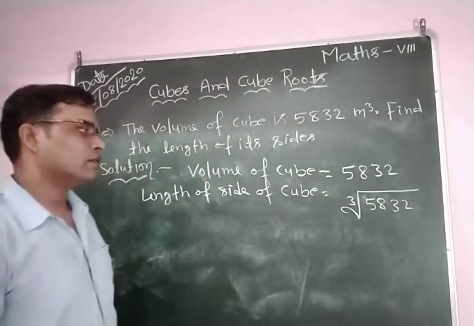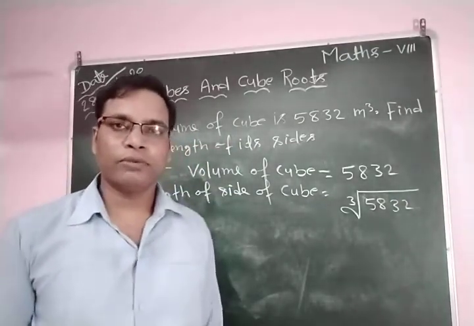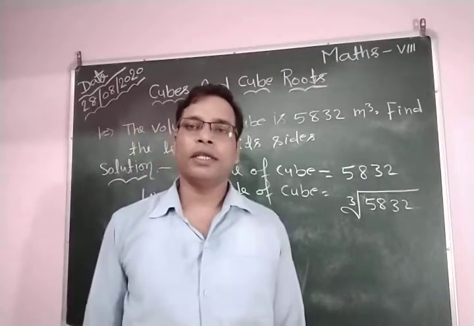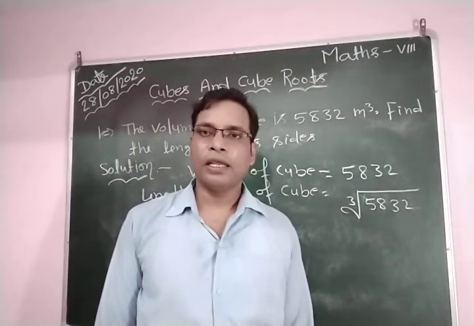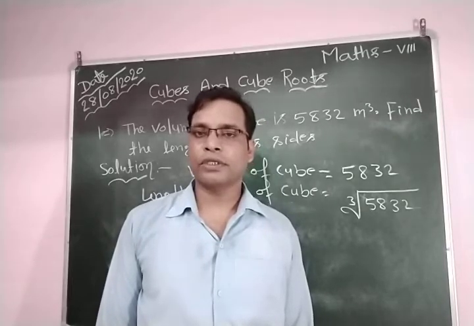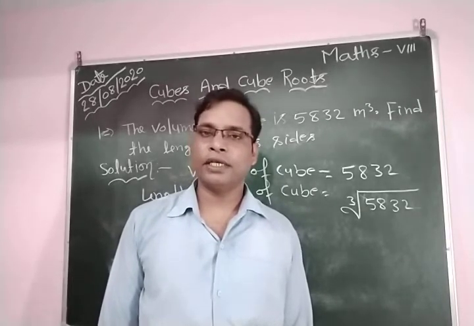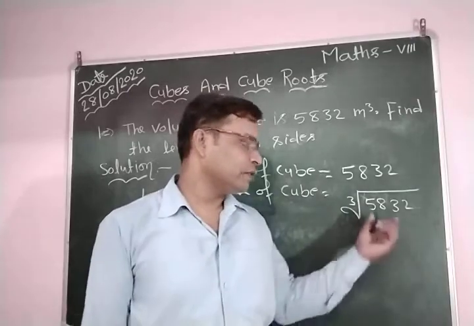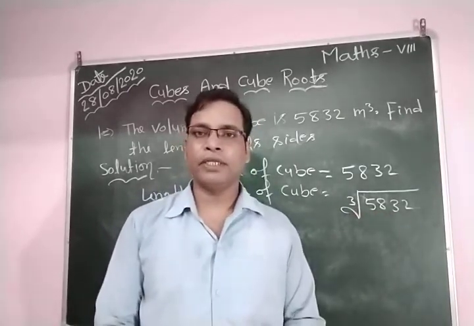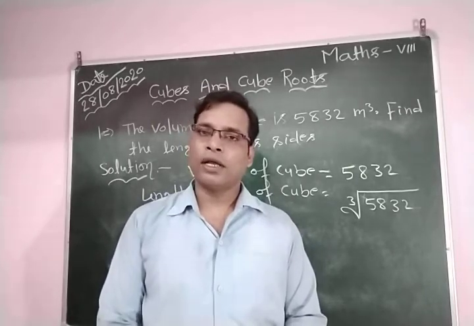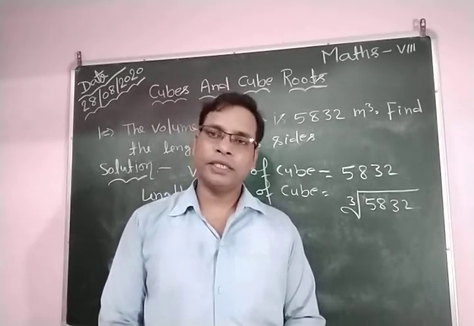So how do we find the cube root of 5832? This is the length of side of cube. So first we find the prime factorization of 5832, and after this we find its cube root.